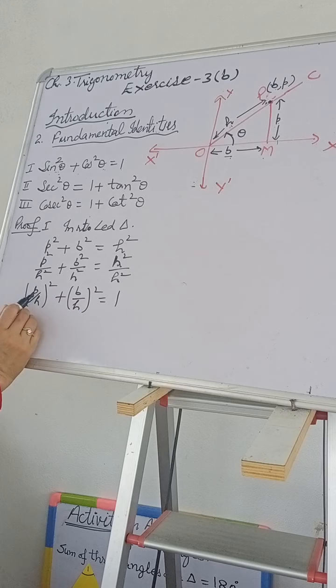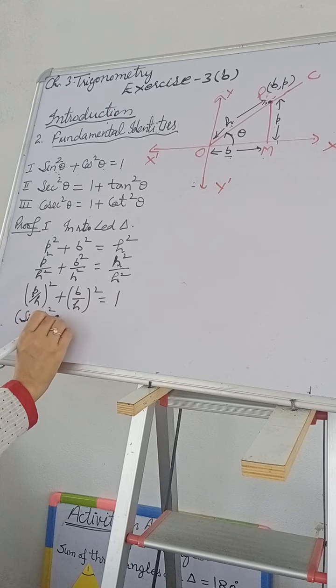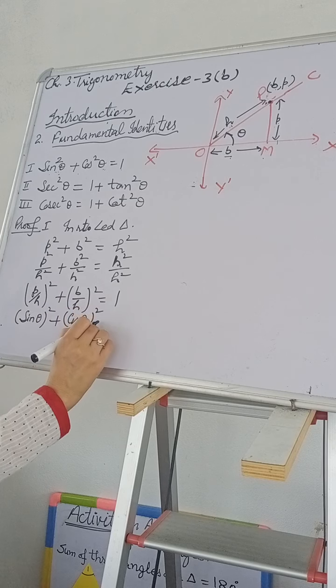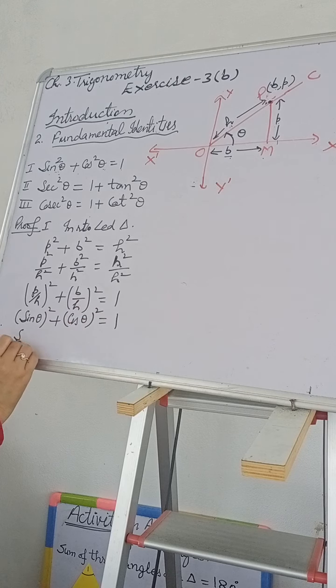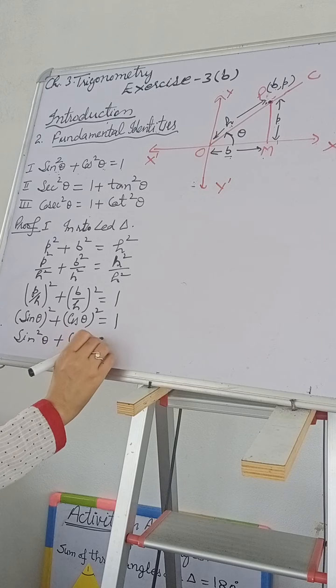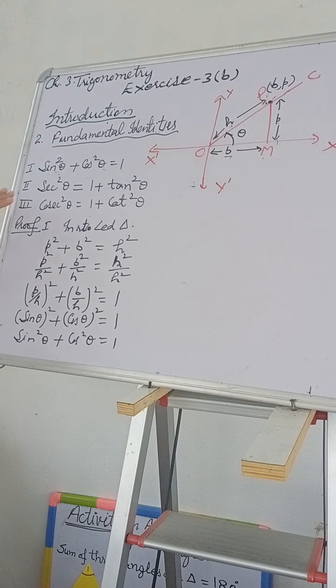Now perpendicular upon hypotenuse is sine theta, and base upon hypotenuse is cos theta, meaning sin square theta plus cos square theta is equal to 1. In a similar way, you can prove the other two identities. You should remember these three identities in order to solve the questions of exercise 3b.